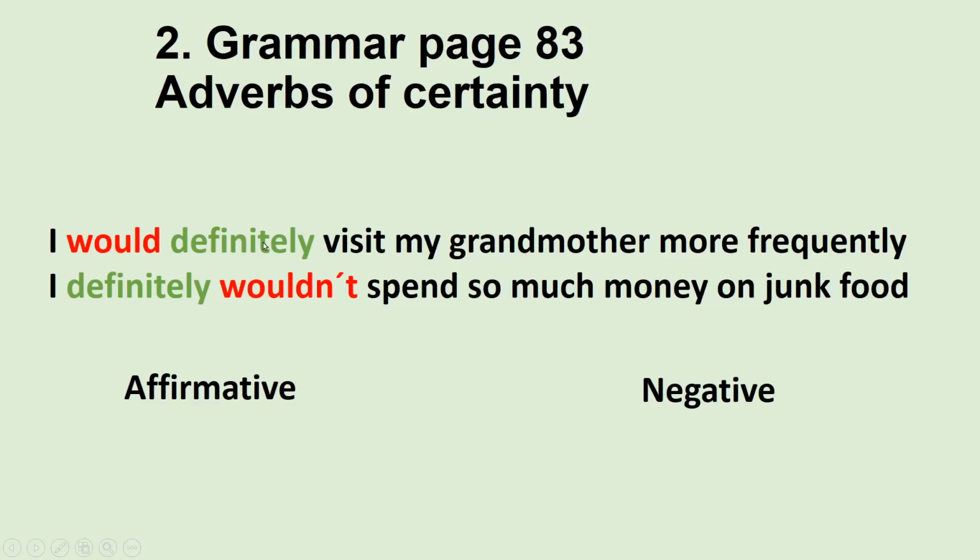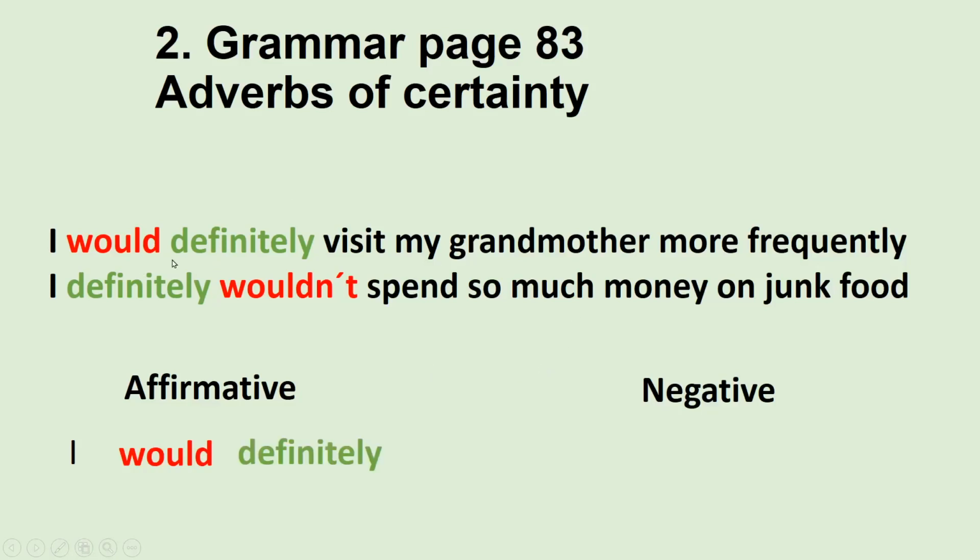In this case, definitely. But what is the difference between an affirmative and a negative sentence when using adverbs of certainty? So in this case, I would definitely visit my grandmother more frequently is an affirmative sentence. So we say I would definitely.